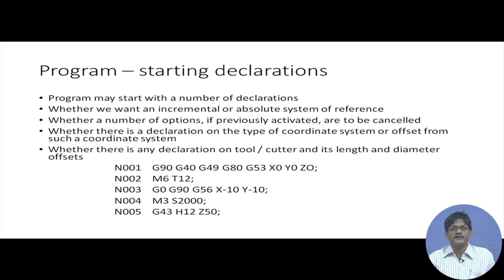For example, you might be having declaration that G90 absolute system, G40 cancel tool compensation. Tool compensation means some declaration on the tool length, workpiece height, tool diameter, etc. Sorry, tool diameter. Tool diameter declarations are being cancelled by G40.